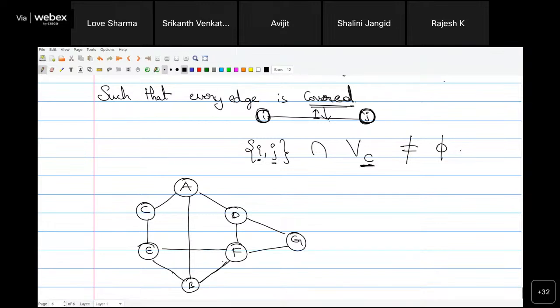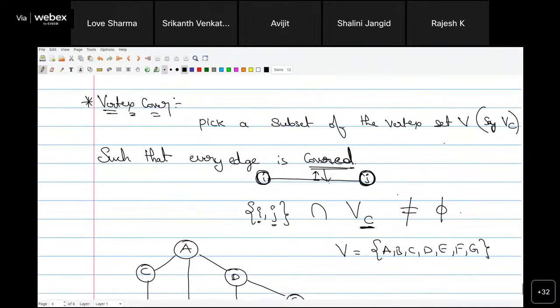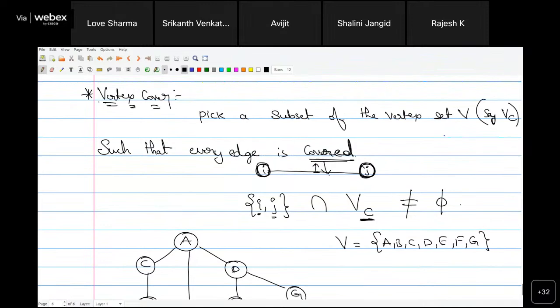Now this is the graph, and first of all write the vertex set. So the vertex set is A, B, C, D, E, F, G. So there are 7 vertices. Now out of these 7 vertices, I have to choose a subset of it. Let me add minimum also, and we will be looking at the minimum vertex cover. So I need as few vertices as possible such that I will cover all the edges. That is the optimal case for vertex cover.